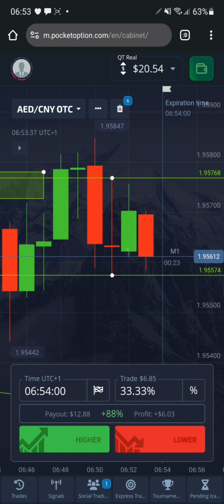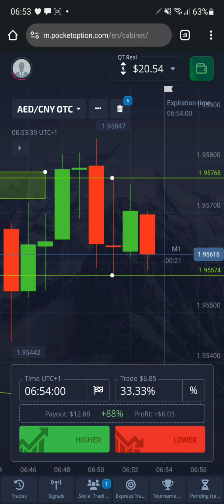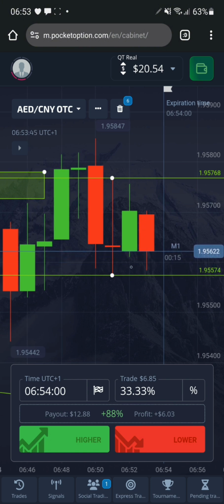Depending on how these two candles react, usually when I see these dojis like this, I anticipate the next 6 to 8 candles to be a red green pattern. Because they are at the edge of this doji now, you can see there are rejections. So the next one, I'm expecting a green candle.